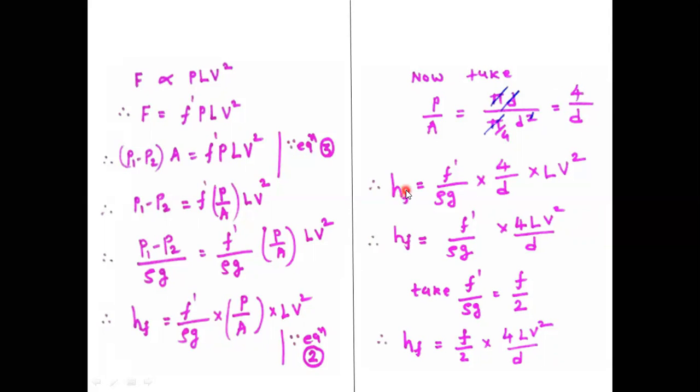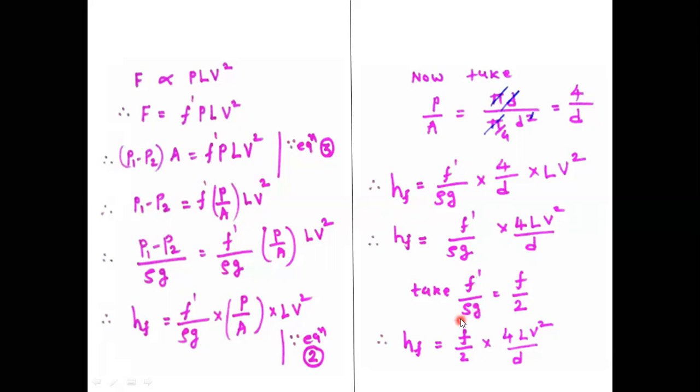So the equation is HF, F dash by rho g as it is. Instead of P by A, I can put 4 by d, from this L V square. So HF is equal to F dash by rho g, and this 4 L V square by d. Now F dash, rho and g. F dash is constant. Rho is the density of fluid, g is gravitational acceleration, so density and gravitational acceleration are again constant.